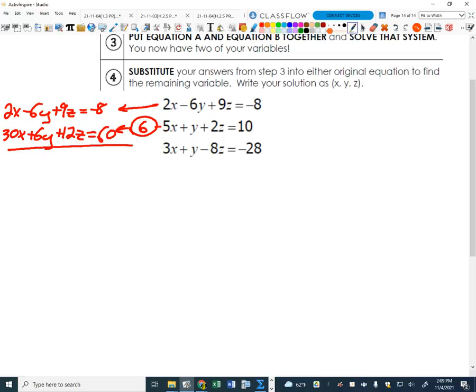And if I add those up, the y's cancel, right? Everybody see that?